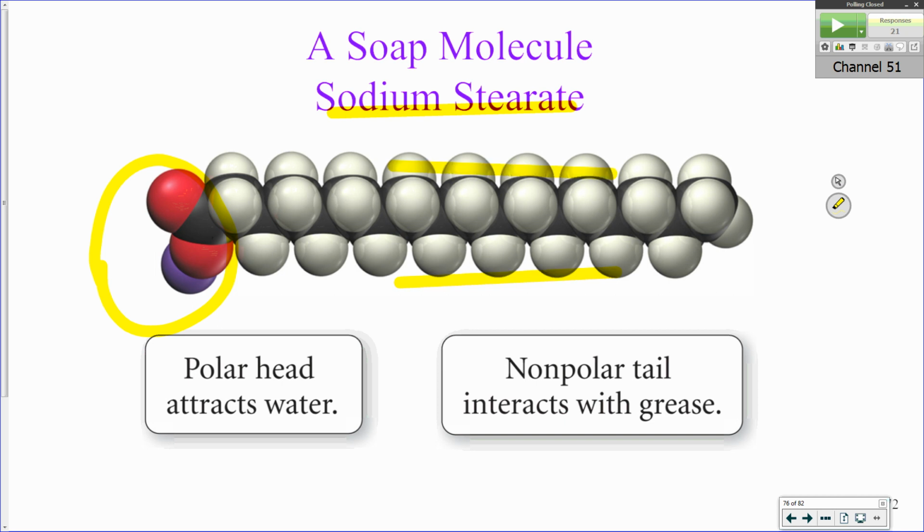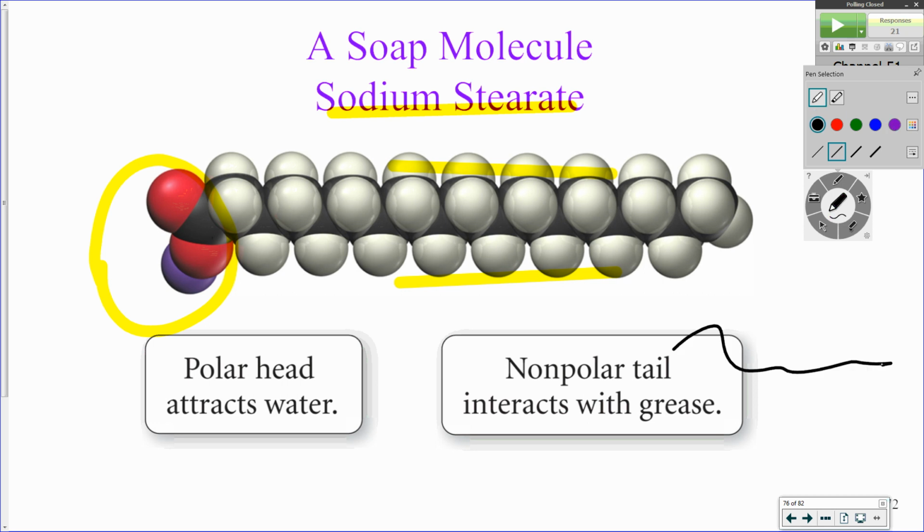The way it works as a soap is that, let's say you've got a nonpolar molecule on a surface, and this nonpolar molecule doesn't want to be in water. So it's stuck to the surface of your fabric or your skin or wherever it may be.